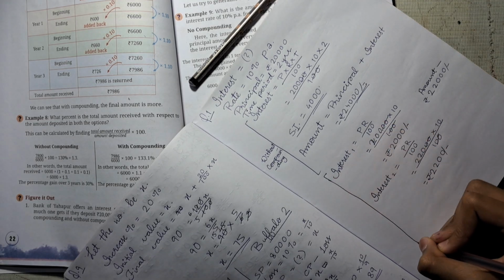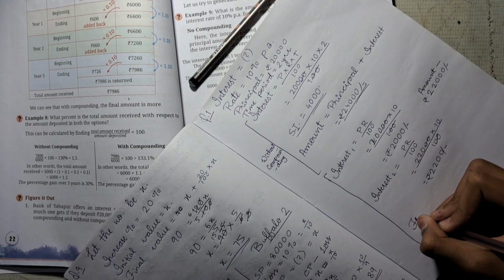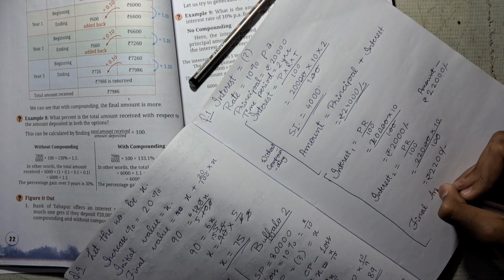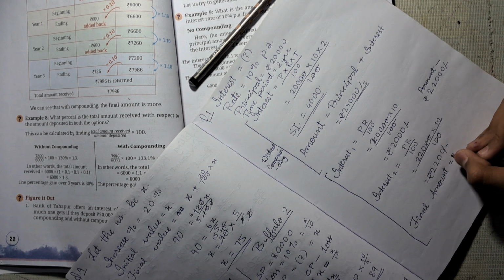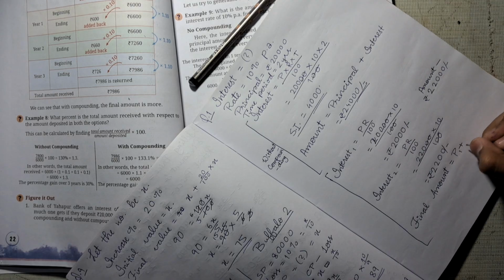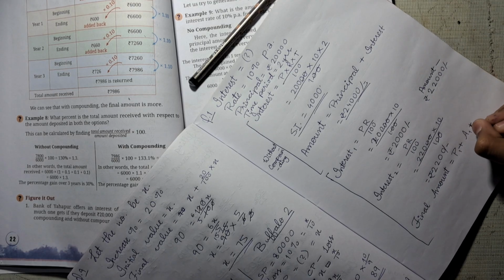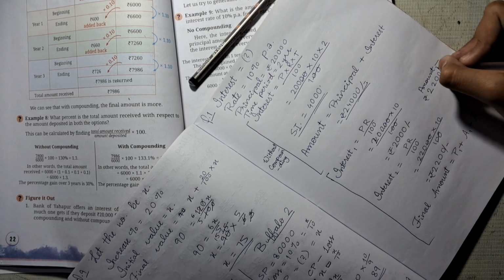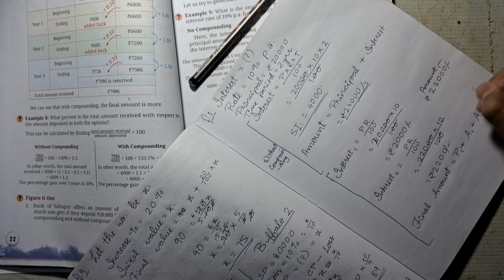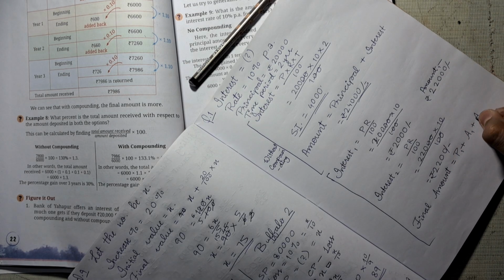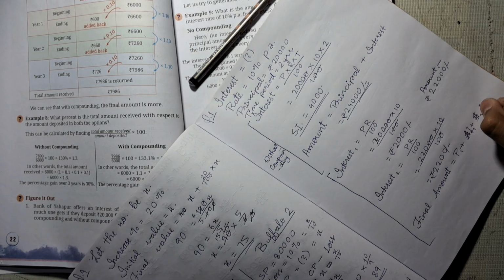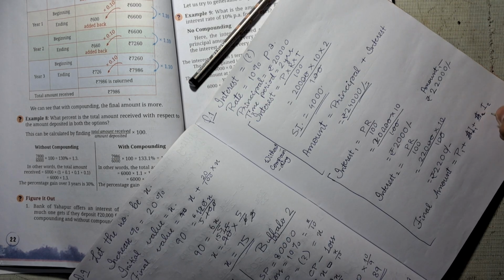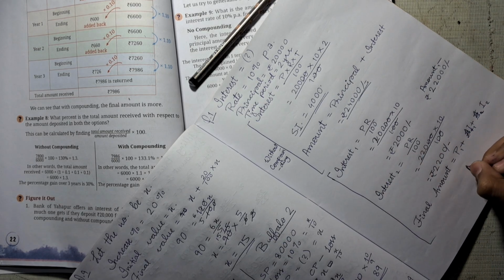So final amount is equal to P plus interest first and interest second, because here we are taking the interest as our amount.